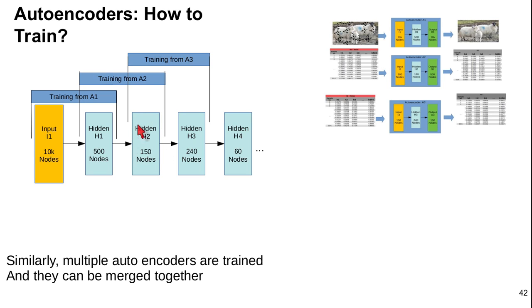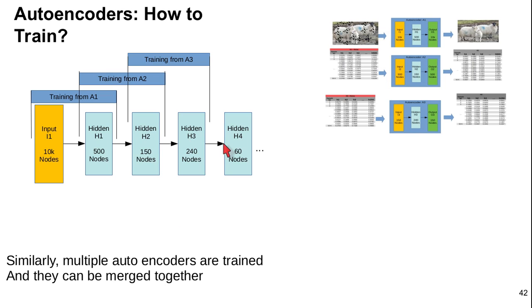The hidden layer H2 can take these 500 values as input and generate 150 features. The hidden layer H3 trained from autoencoder A3 is placed here after hidden layer H2. The 150 features that are coming from hidden layer H2 pass into hidden layer H3 to generate 240 features.